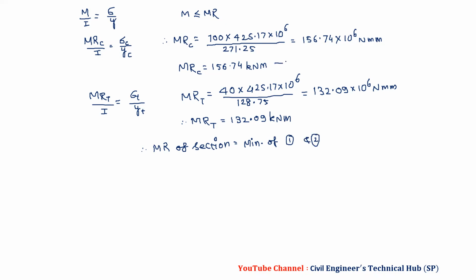So this is 1 and this is 2, and therefore MR equal to 132.09 kilonewton meter. And now we have given span of 5 meters. So we have this as 5 meters.